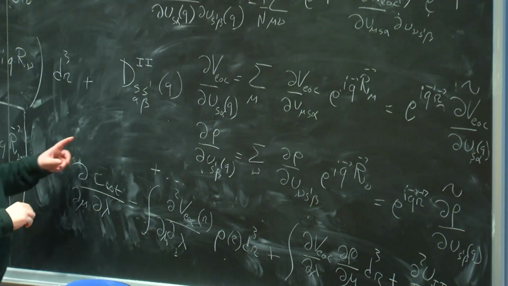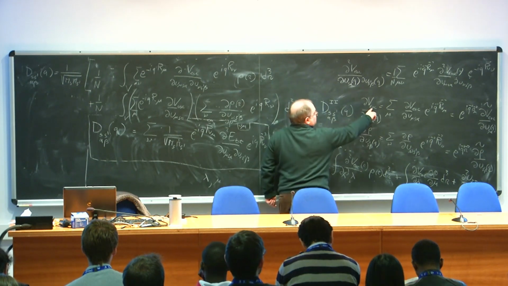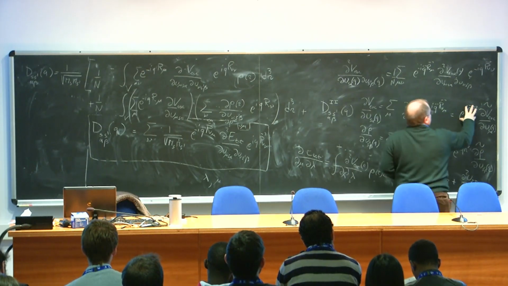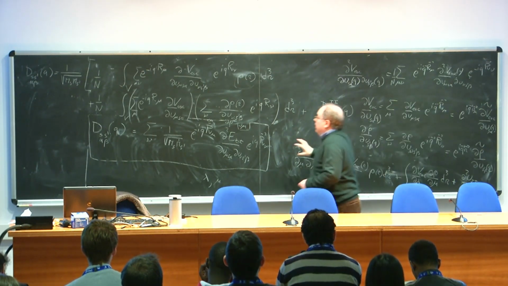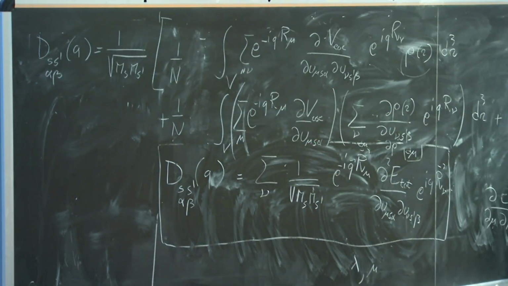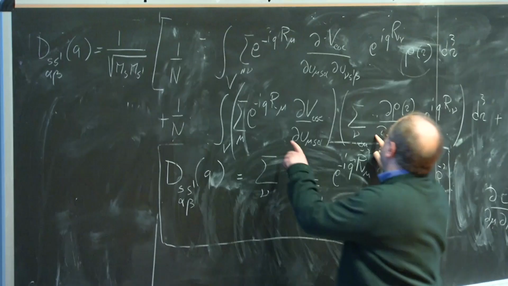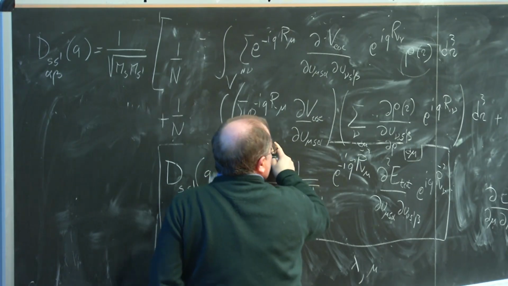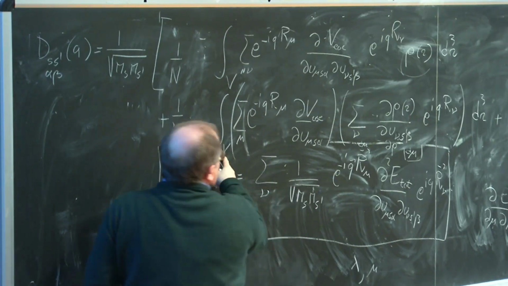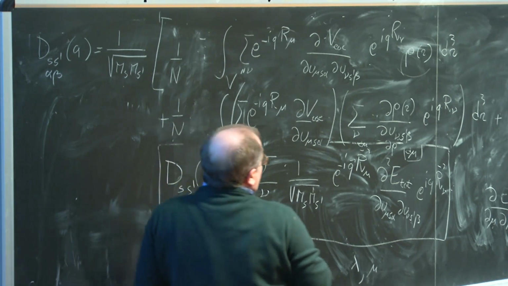And so you see, since here you have the complex conjugate of this dv log over du s alpha of q, this will have a phase minus iqr multiplied by a periodic function. This one will have a phase e to the iqr multiplied by a periodic function. So this second integral can be written as the product of two periodic functions. The two phases cancel, and I can integrate over one unit cell and remove this n.